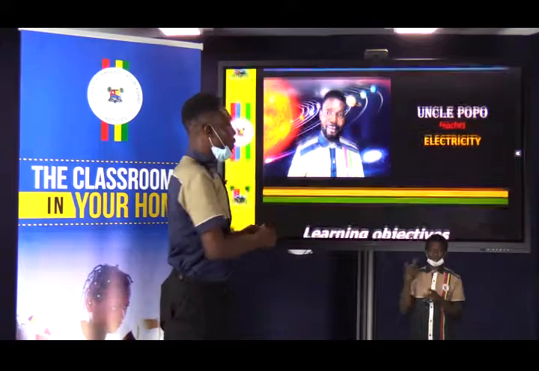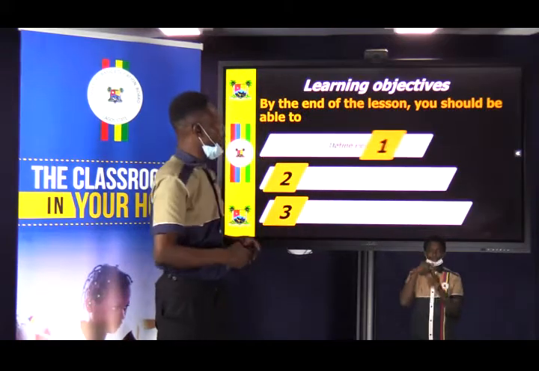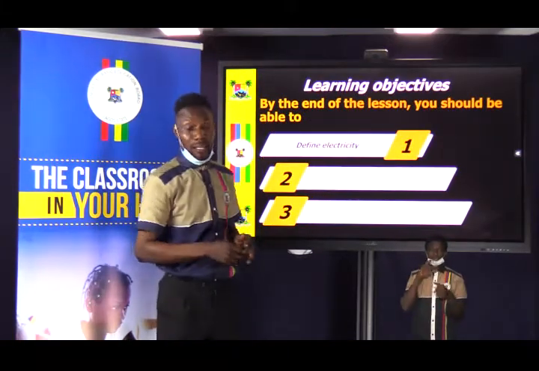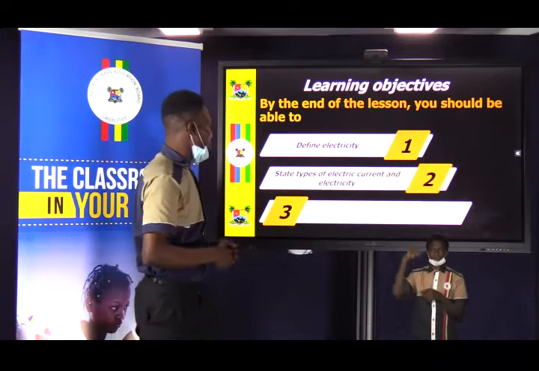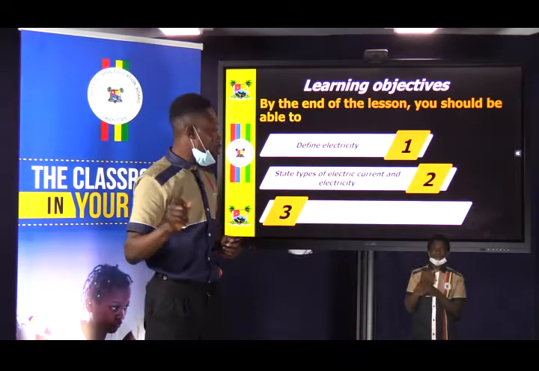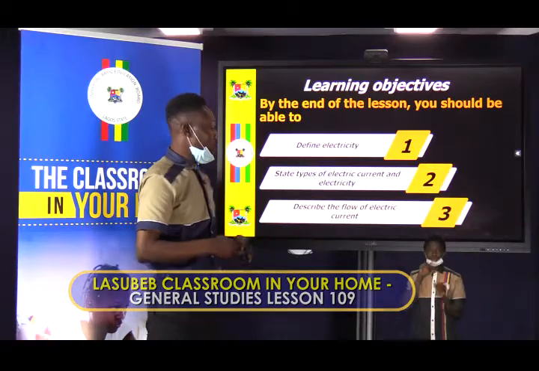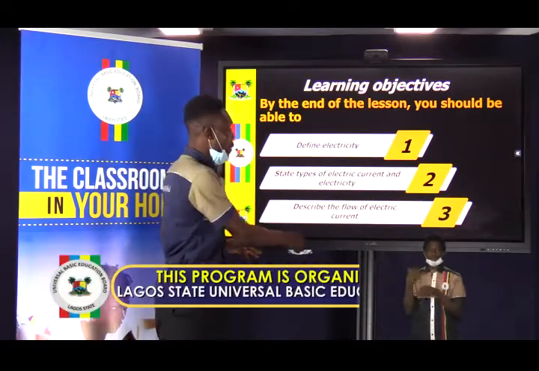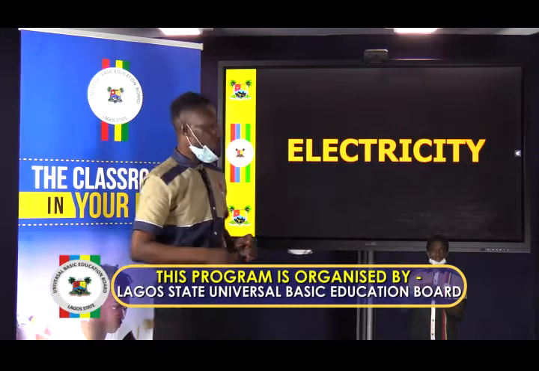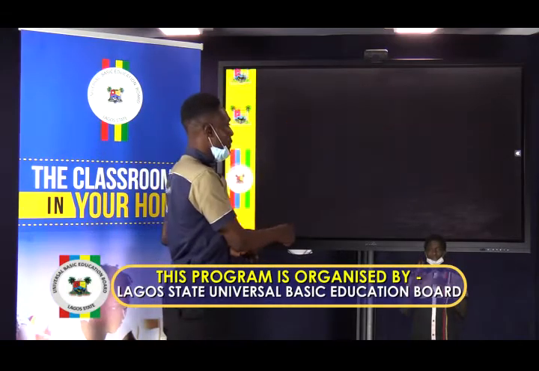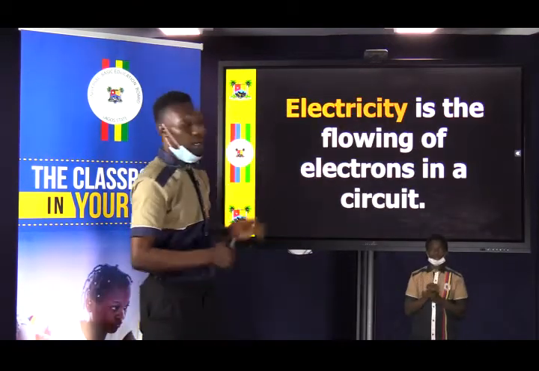The learning objectives for today: by the end of the lesson, you should be able to define electricity, state types of electric current and electricity, and describe the flow of electric current. So listen attentively as we begin.